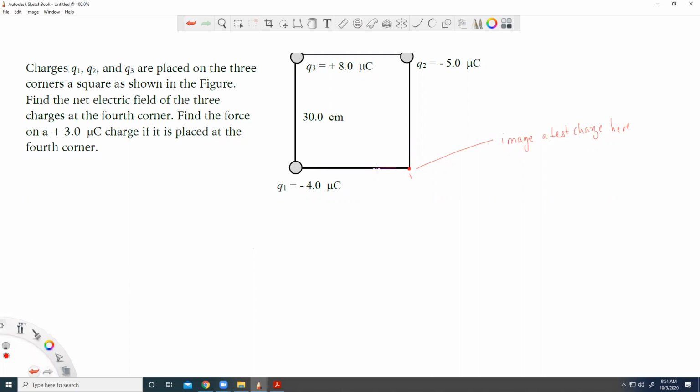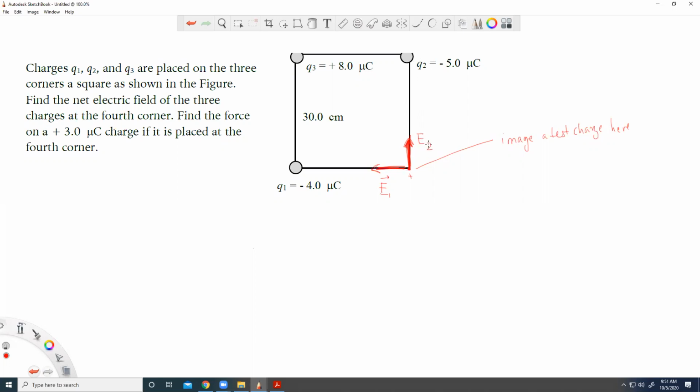So this would be the direction. That's the electric field due to Q1, E1. This tends to attract the test charge, and then this one will also tend to attract it, so it will be pointing up. That's the electric field due to that charge at that point.